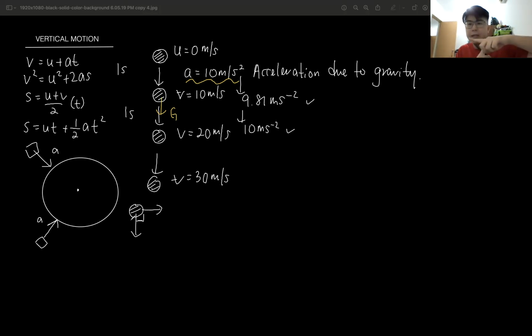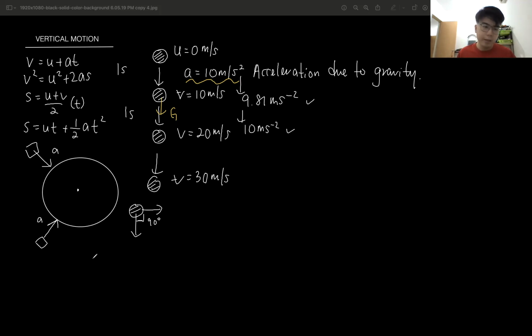Perpendicular, they do not have effect on each other. In other words, they are irrelevant. Perpendicular forces, perpendicular vectors, perpendicular velocities, they are irrelevant. Perpendicular means 90 degrees to each other. So if you are moving horizontally, the acceleration due to gravity doesn't affect it. That is why vertical motion, only it will affect.